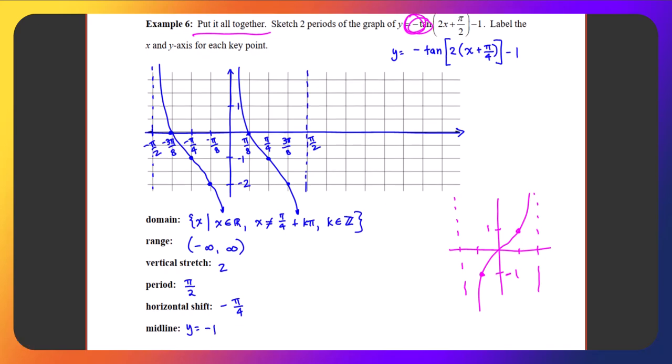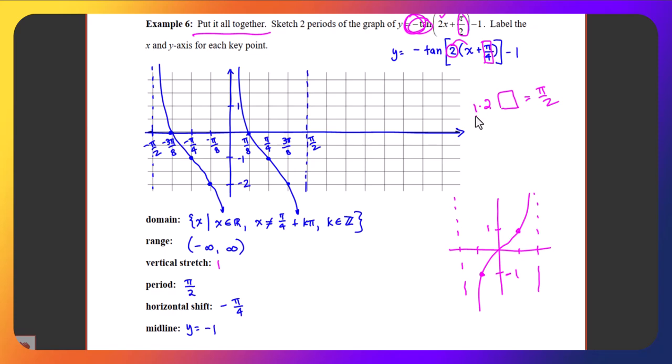So let's gather information. The vertical stretch, actually, there isn't one, so it's 1, multiplying by 1. I know it's negative, but we'll do that in a moment. The period, factoring out the 2, clearly 2 times x is 2x. How do we come up with this spot? Let's see if this works for you. 2 times that spot has to be pi over 2.